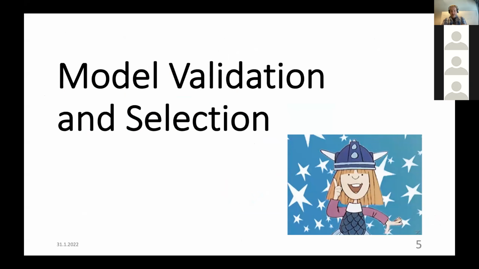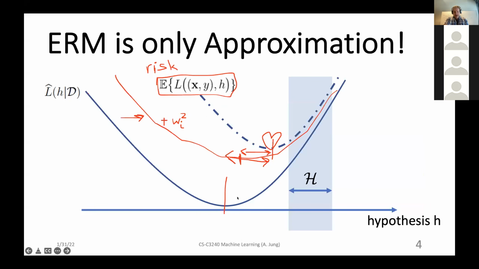But so far, we have already seen a few tricks to handle this challenge, that the training error has a different minimum, or the minimizer of this training error, which is the learned hypothesis. So this minimizer here is the learned hypothesis. This is the hypothesis, or the parameters of this hypothesis are the ones that you get by using the .fit function in Python.